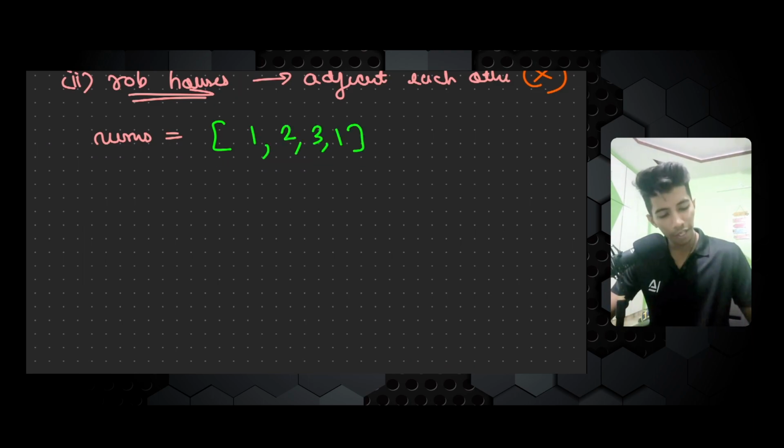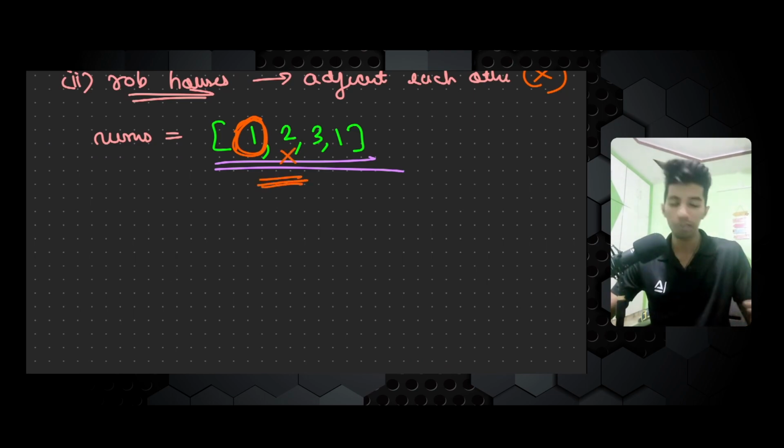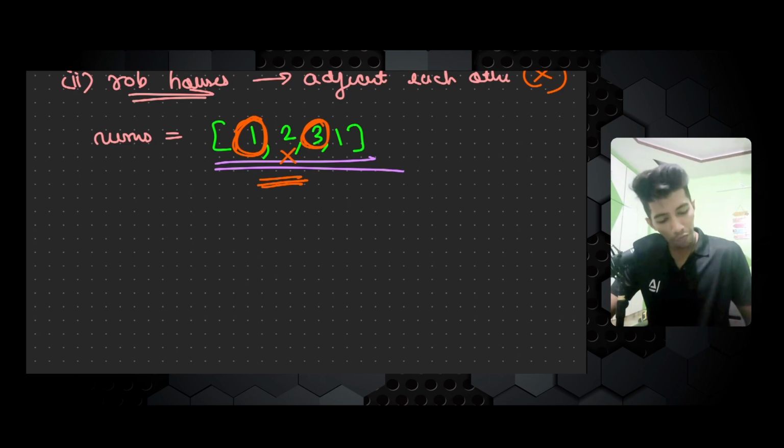So this is the array which you have been given. If I choose this house for my selection, I can't choose this one because it will contain a security system, and if I choose adjacent houses, it will just return me an error. So I will choose 1 and then I will choose 3, because if I choose 1, then I can only choose 3.